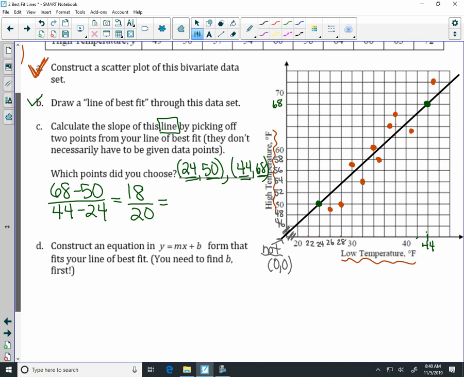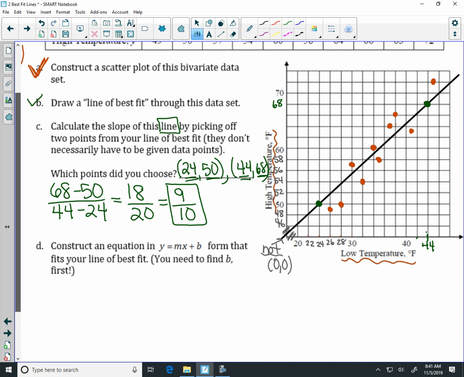And I'm going to reduce that just so it's a little nicer to work with. 2 goes into both those. 2 goes into 18 9 times. 2 goes into 20 10 times. You do not have to reduce that, but you may want to. So my slope is 9 over 10.